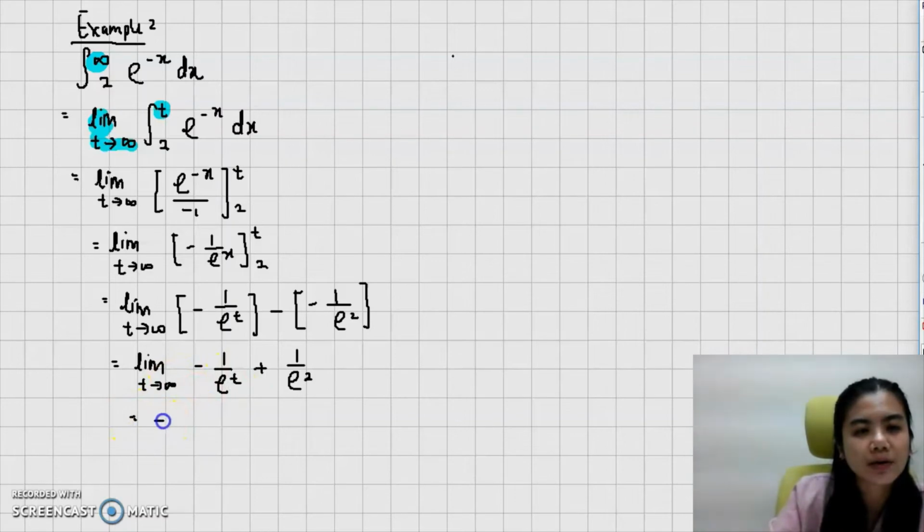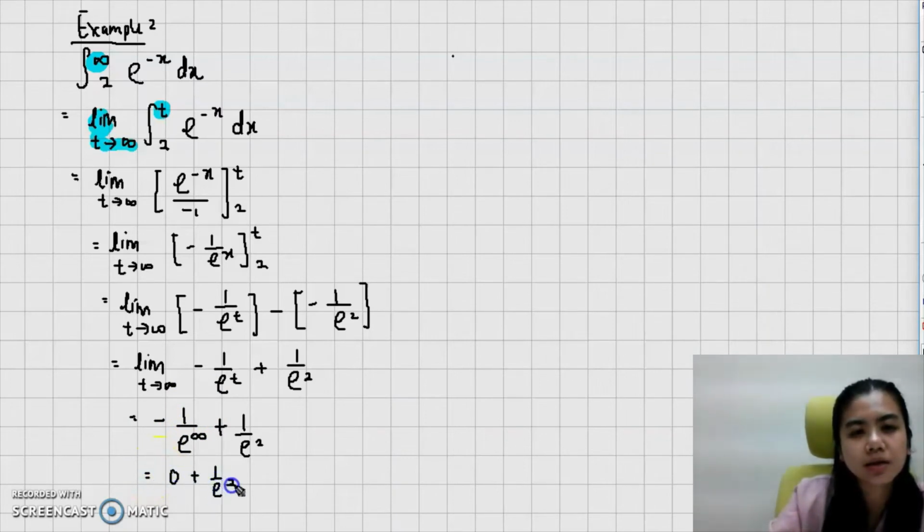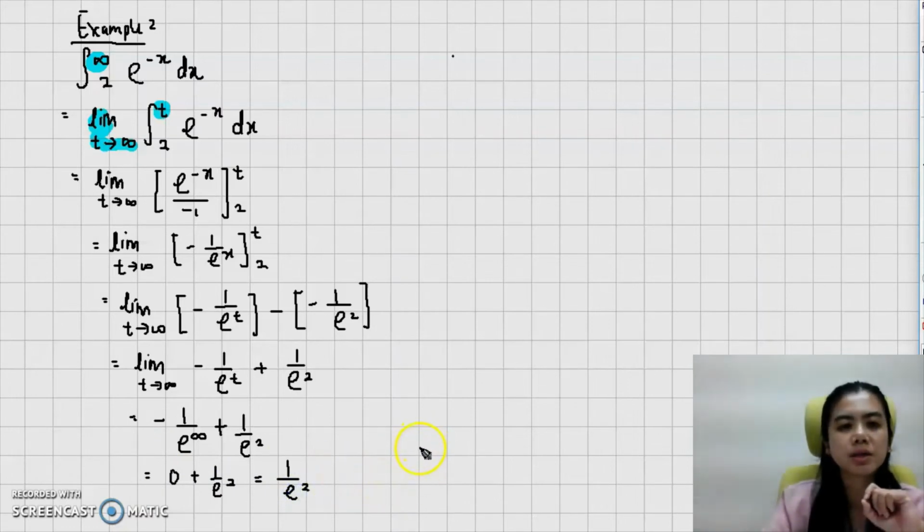So we have e infinity plus e. You have e power infinity, that is infinity, and you have minus 1 over infinity, that is basically equal to 0, and the answer is actually 1 over e squared, right? 1 over e squared is a finite number.